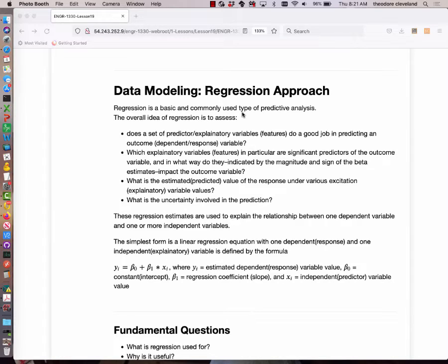And in this case, we used a straight line, but it can be curves, it can be logarithmic, it can be any function that we can dream up of. So the common ideas in regression are, one, does a set of predictor variables, modern word is features, do a good job in predicting an outcome or a response variable?